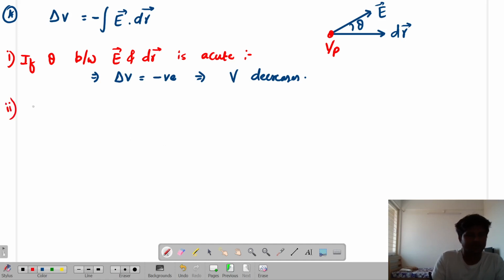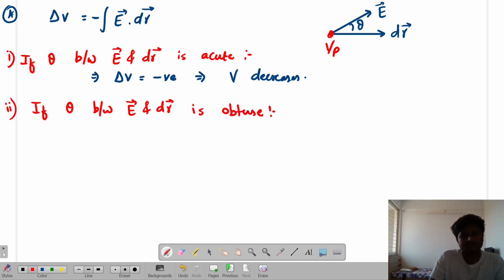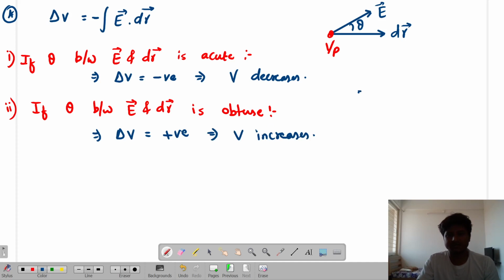Next, second case, if theta between E and dr is obtuse, then delta V is positive, which implies V increases. So in the opposite direction of electric field, our potential will increase.